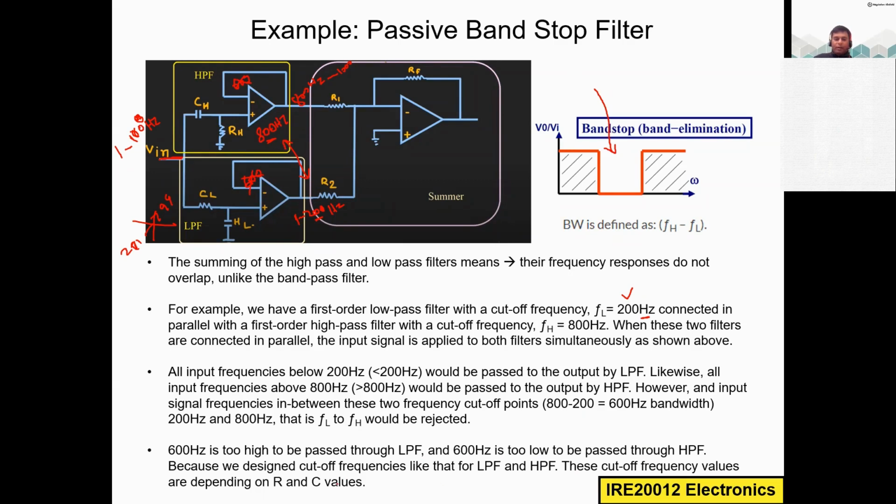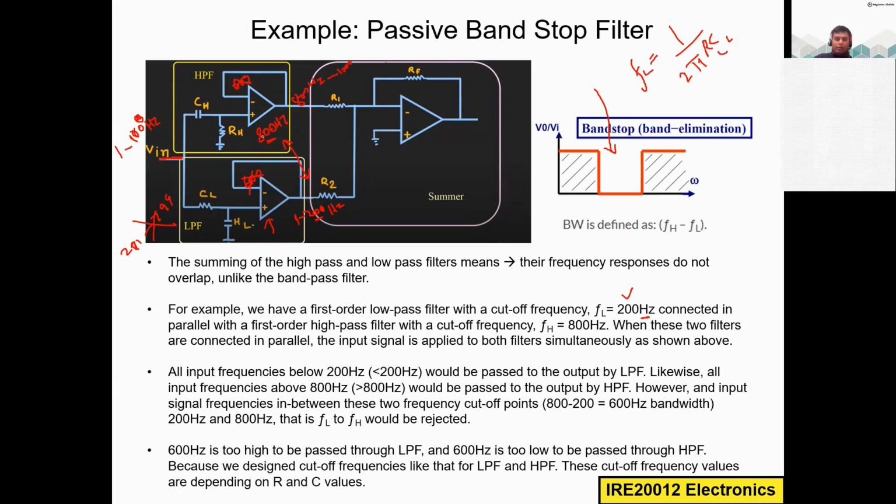So these cutoff frequency values depend upon R and C values. You have cutoff frequency 200 hertz here, and you have cutoff frequency 800 hertz here. You can change this value by changing these R and C values. We know that already, because the formula is 1 divided by 2 pi RC. So if you are after the low pass filter cutoff frequency, then of course you have to change this CL and RL value.